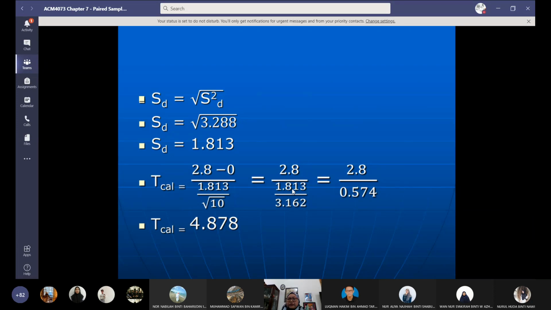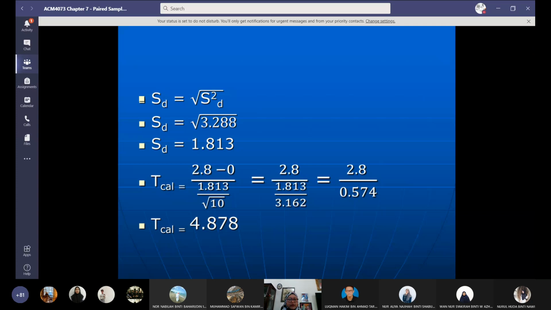Then 1.813 over square root 10. Square root 10 is 3.162. Then we have to solve the bottom first. 1.813 divided by 3.162 is 0.5733.